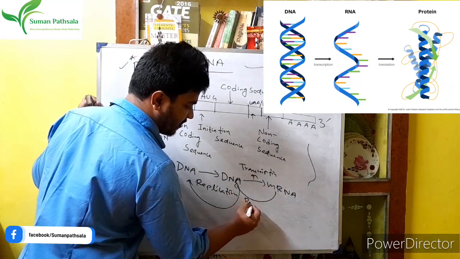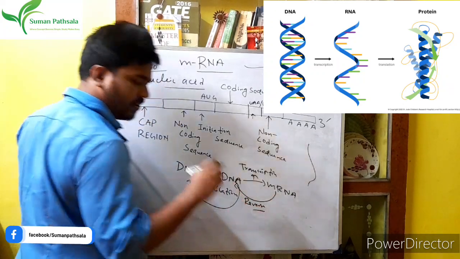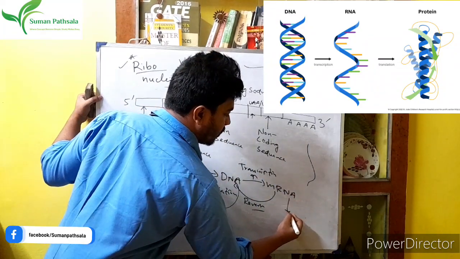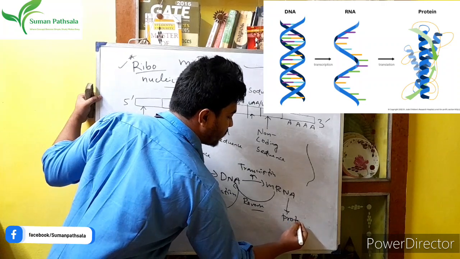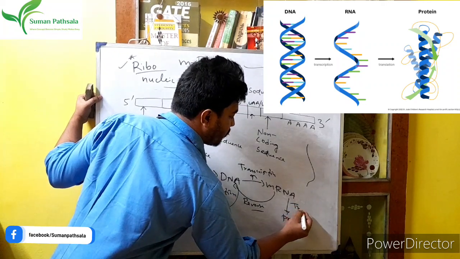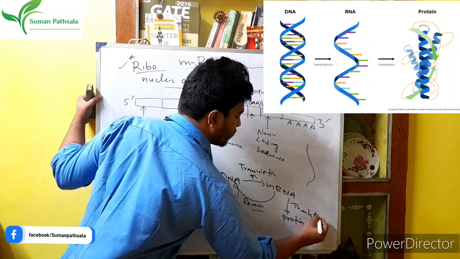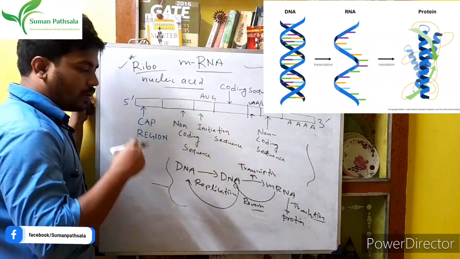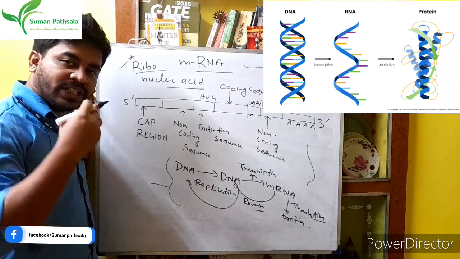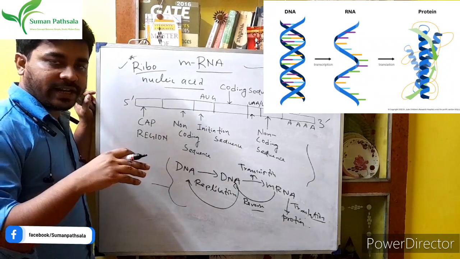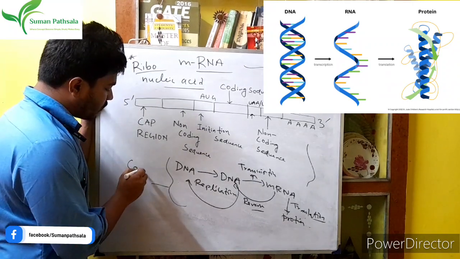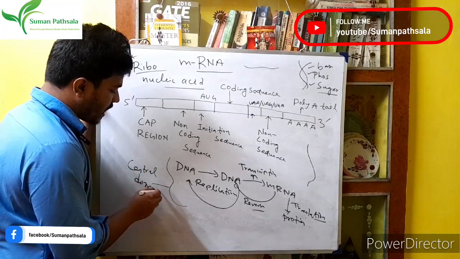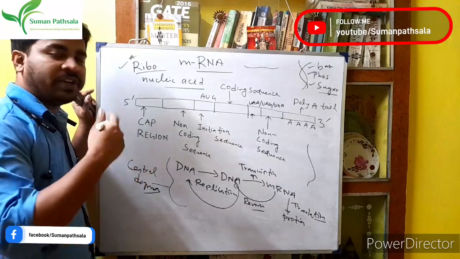This is called reverse transcription. And from the RNA, we can produce the protein. That is called translation. All these events generally happen in our cell naturally, and it is called the rules of the central dogma. I just write it here for revision.